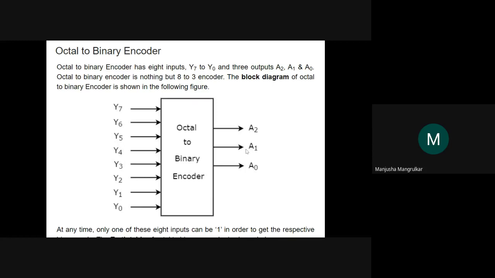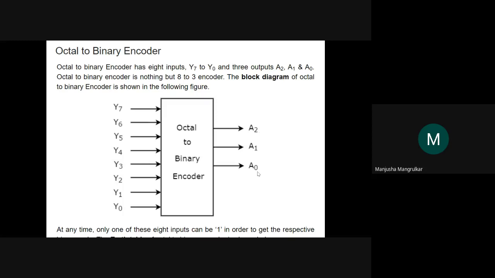So what is your A0, A1, A2? This is 0, 0, 1, for Y1. So this bit will be a 1. Suppose your Y2 is 1, rest all are 0. So what is your A2, A1, A0 output? 0, 1, 0. Rest all are 0.